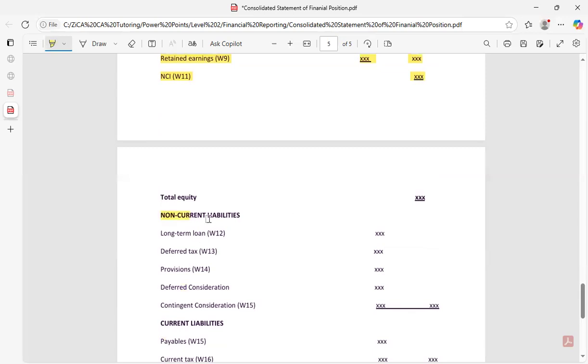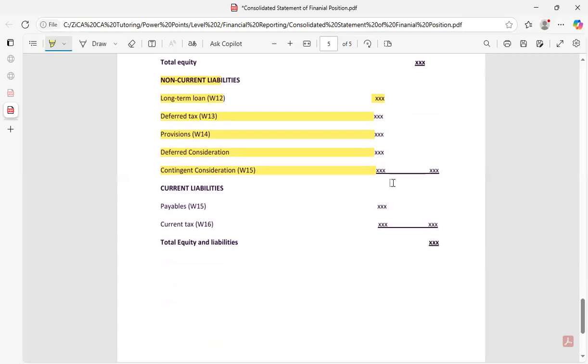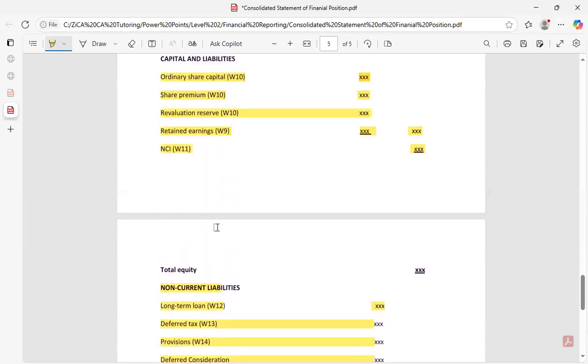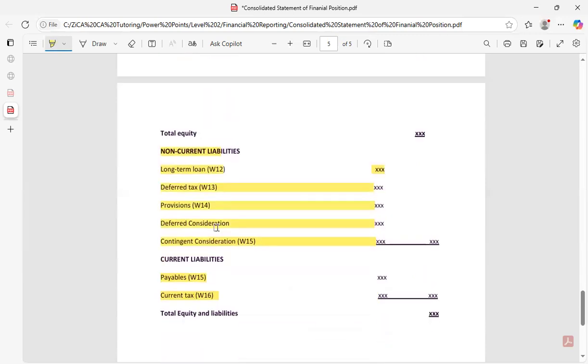Then non-current liabilities, the long-term loan, the same long-term loan that you found in the workings, the deferred tax, the provisions, deferred consideration, contingent consideration, everything that you found in the workings, you're just plugging them in. Which also applies to payables and the current tax. So there's nothing new that you do. There's no computation that you do when you're preparing the statement of financial position, aside from just adding. But the work is in the workings.